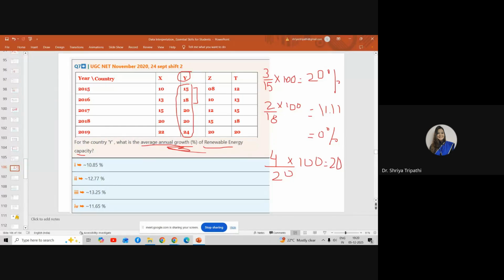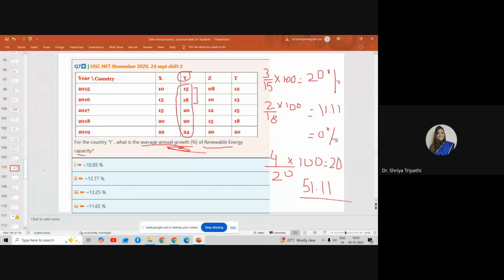Add all this together, 20 plus 20, 40 plus 11.11, so we will have 51.11, the sum total of all the percentages.